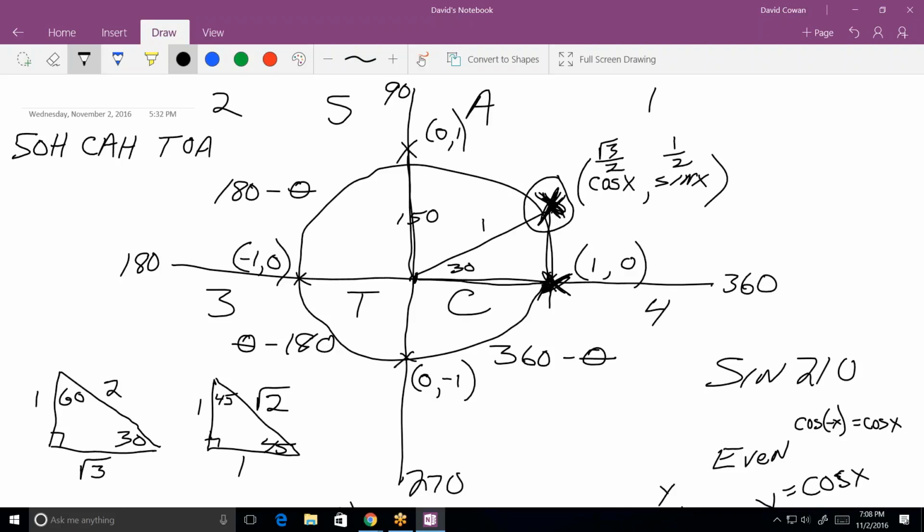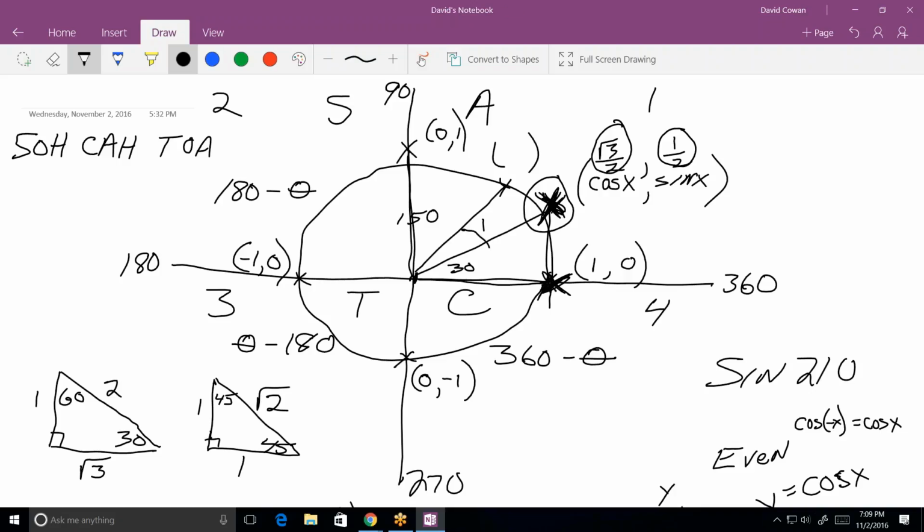In other words, they're going to want you to go through all 16 slices and give these two numbers at each point. You just gave it to me for 30. So what about 45? If I draw a line to 45, what are the coordinates right there?